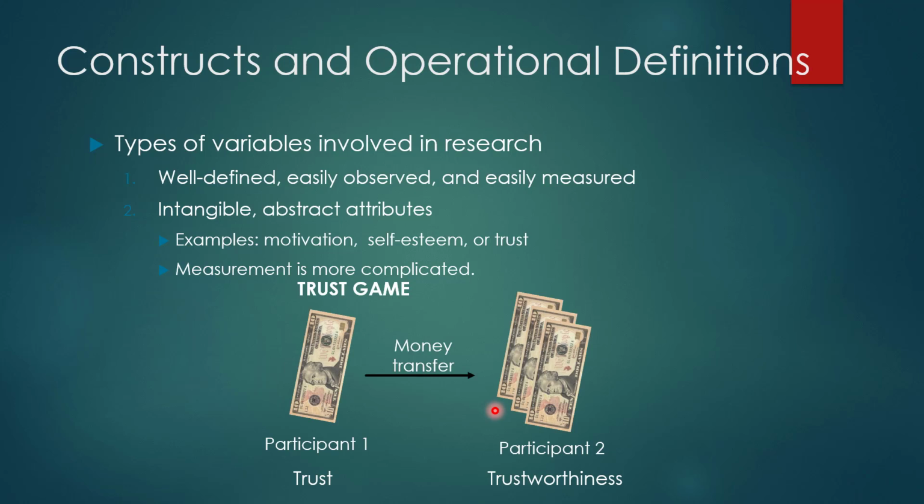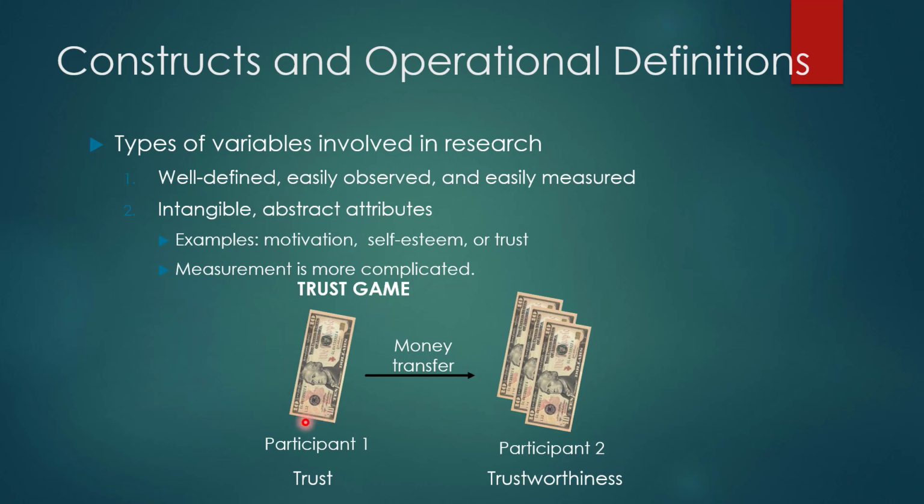There's a game called the trust game, and what they're trying to do is measure this construct of trust with this game. They give people who've participated in what they thought was the true experiment, but really what they're looking at is their response here, a reward for participating, like some money, say $10. They're told that they can transfer that money to another participant, and that money will triple, and then that participant has the opportunity to transfer some money back.